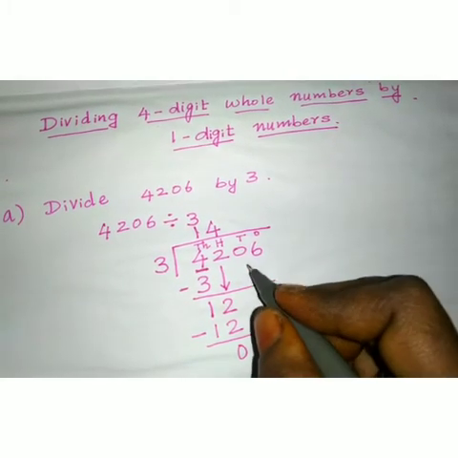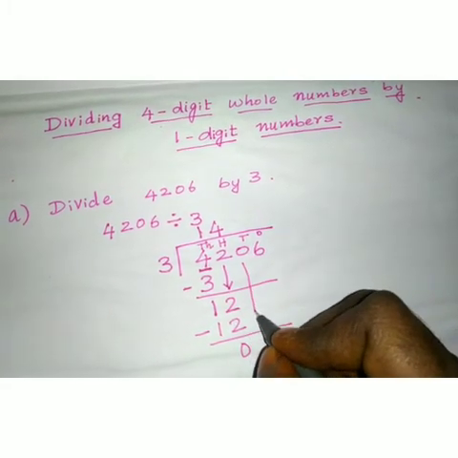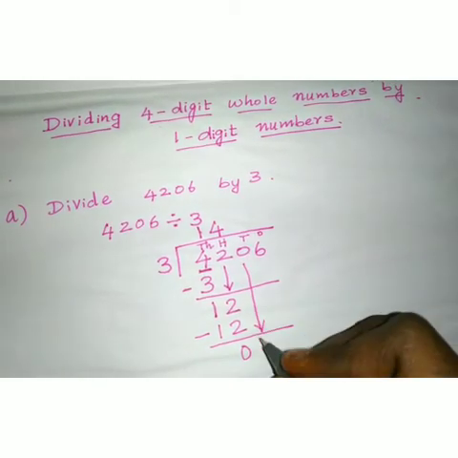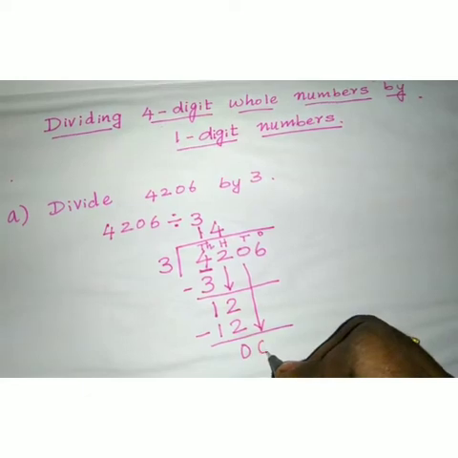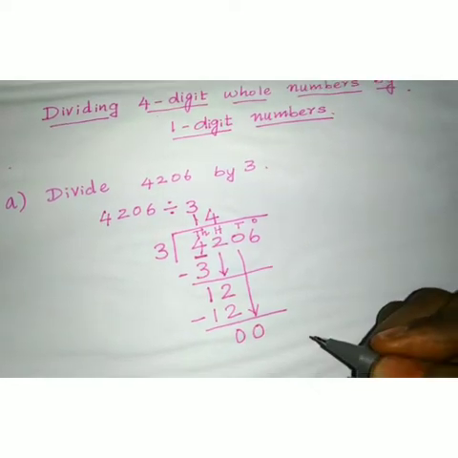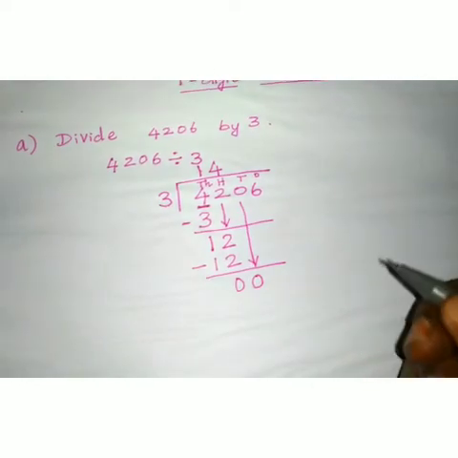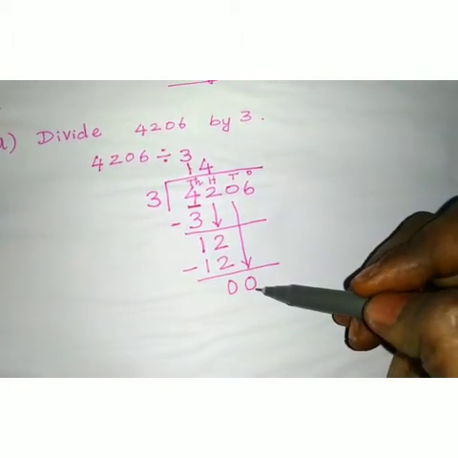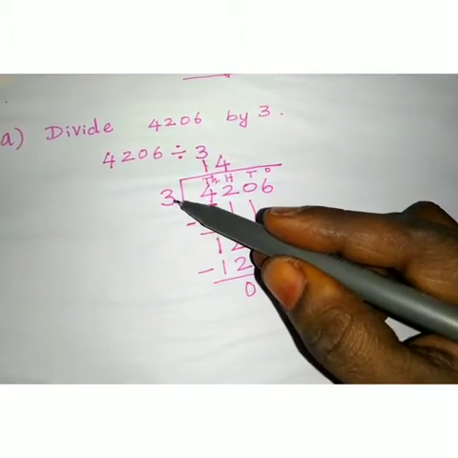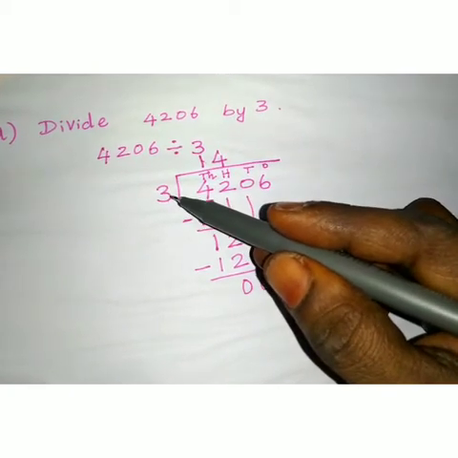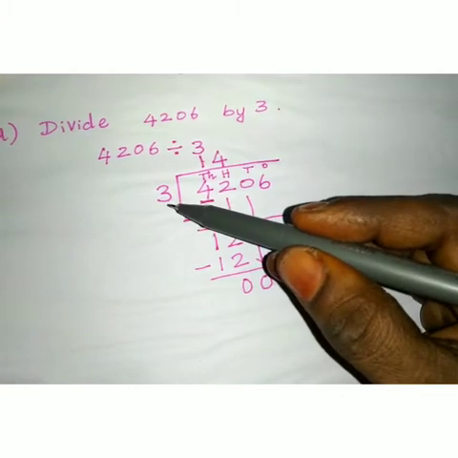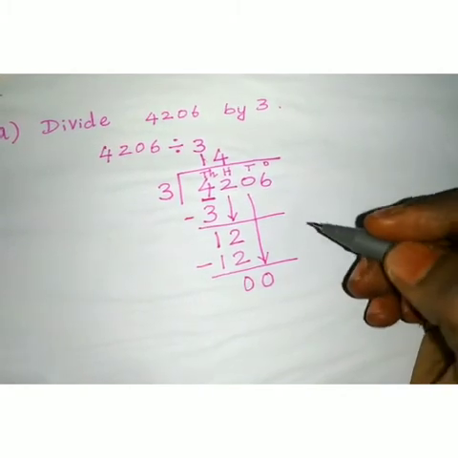Now bring down the next place value. Next place value is tens place value, which is 0. So you have to bring down tens place value. Okay. Now you should get the value as 0 by using 3 table. How many times you get 0 by using multiplication table 3? 3 zeros are 0.